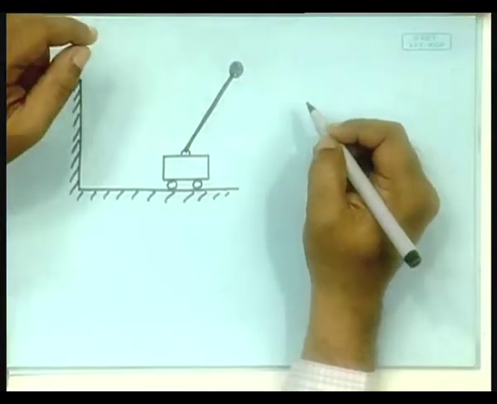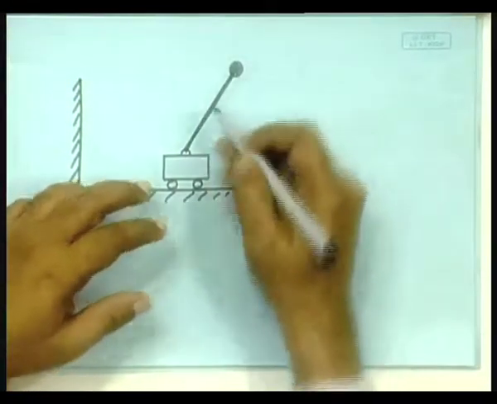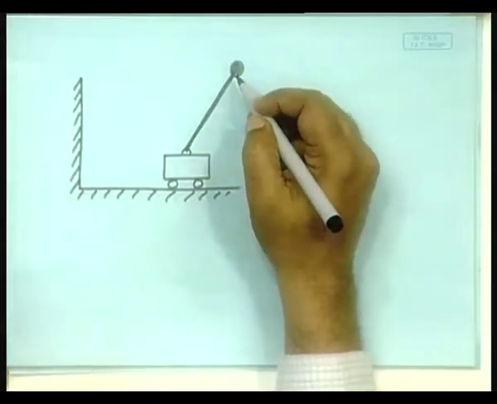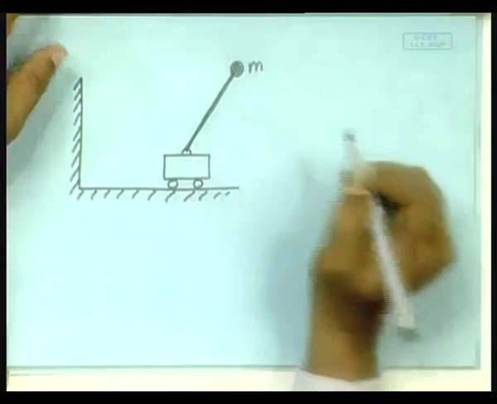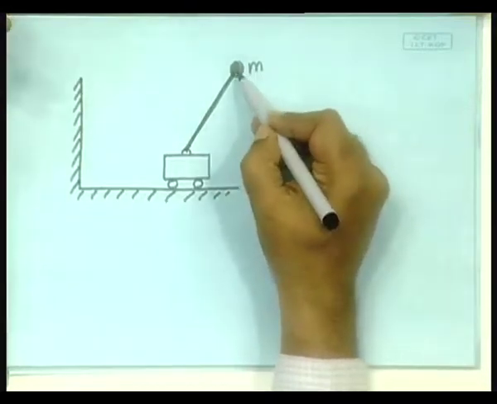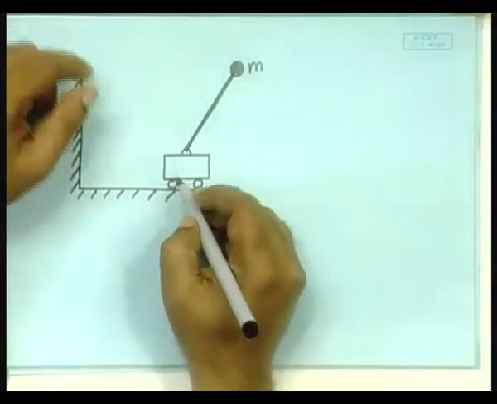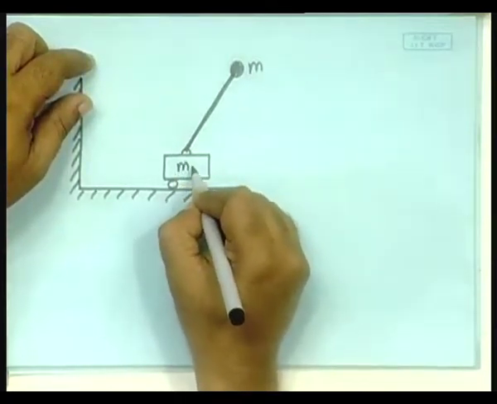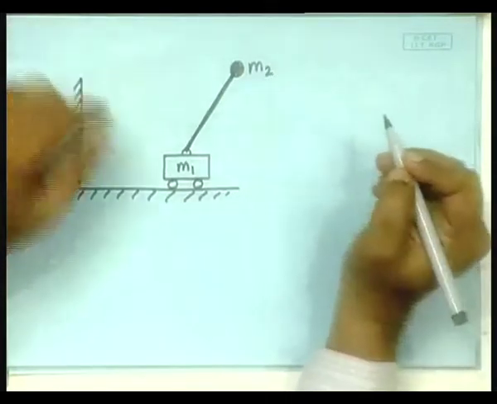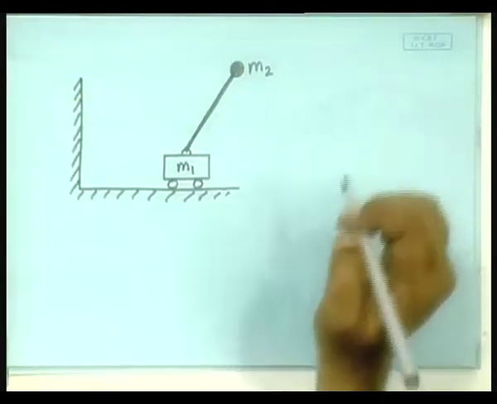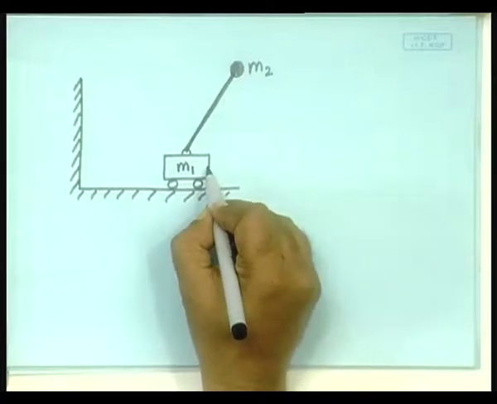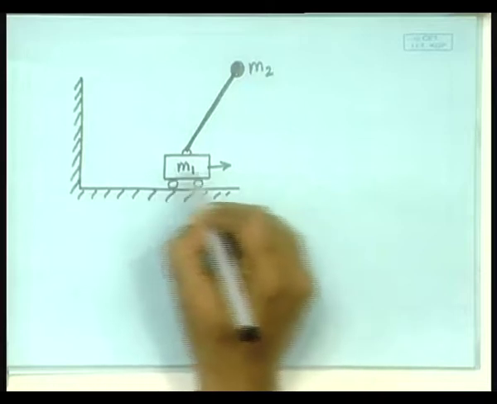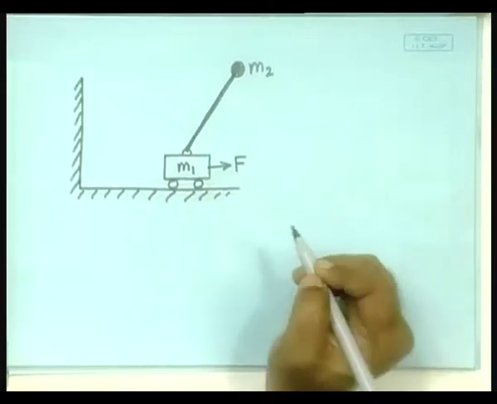Say, normally this could be a mass uniformly distributed, but let us assume for our simplicity that this is a mass concentrated at the top, and here is another mass. This fellow also has mass, so let this be M1 and this fellow be M2, and then you have to apply force here in order for this to move and balance it. So, that force is F.